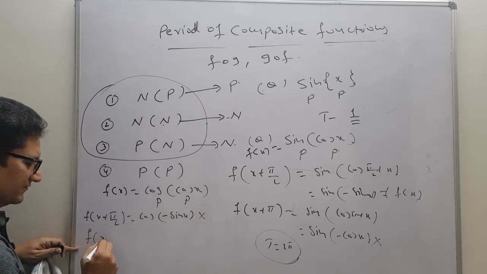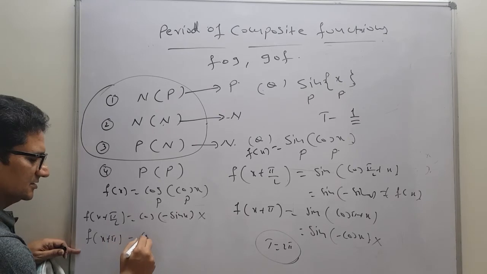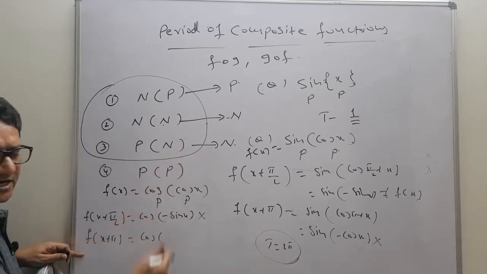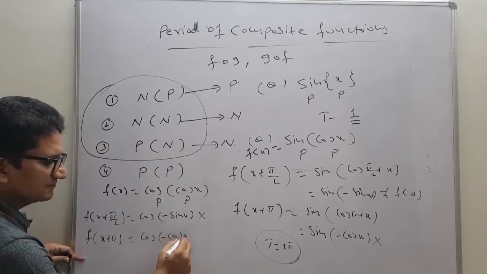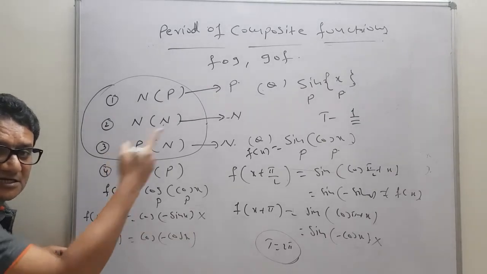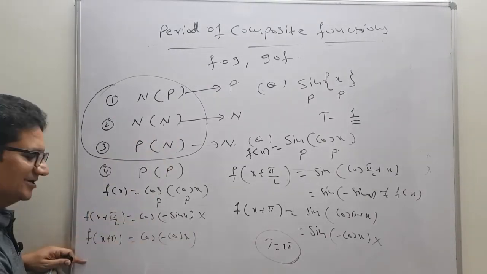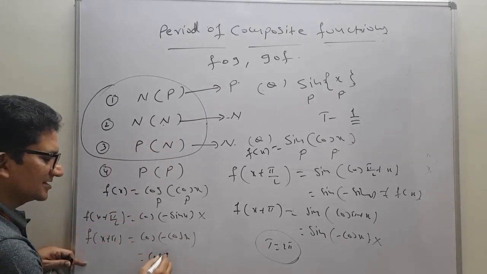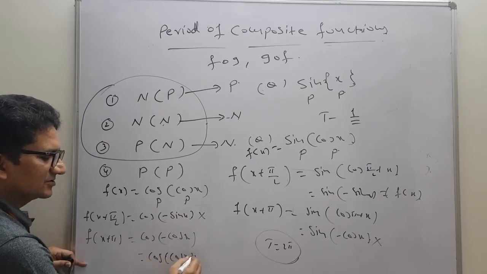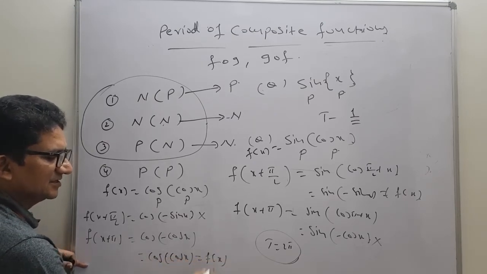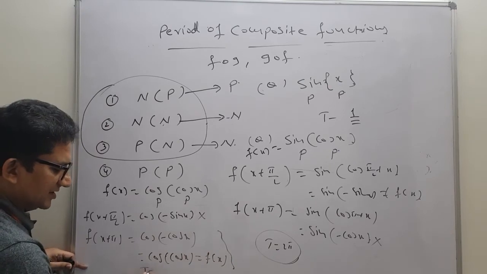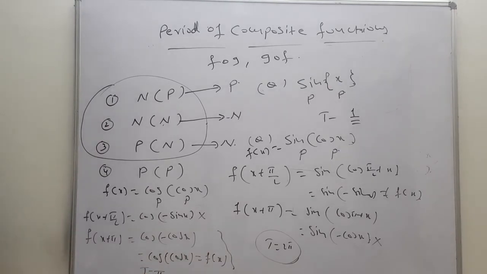Next we go for f of x plus pi, that is cos of cos 180 plus x, which is cos of minus cos x. But cos of minus theta is cos theta only, so you will get cos of cos x only, which is f of x. So in this case the fundamental period is pi. That is the result.